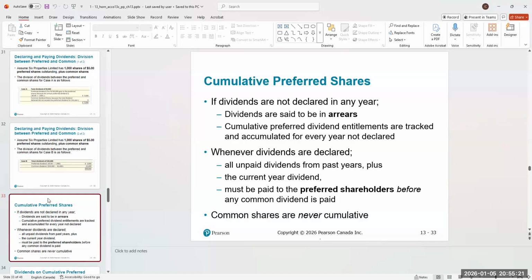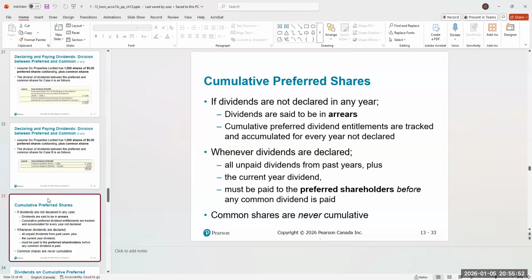Now let's see what kind of variation we may have on the preferred shares. We may have cumulative preferred shares. What does that mean? That means in the year that we're not declaring the dividend, the dividend that is owed to the preferred shares starts accumulating until it's paid in full.